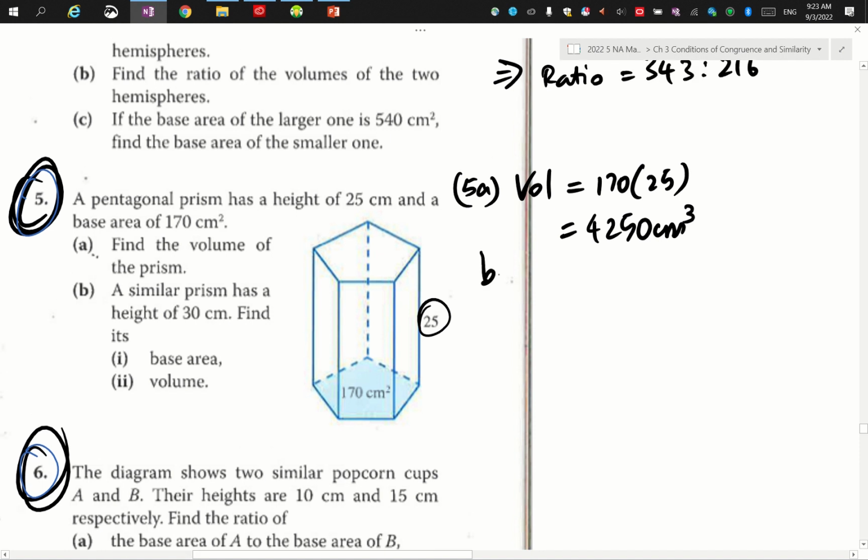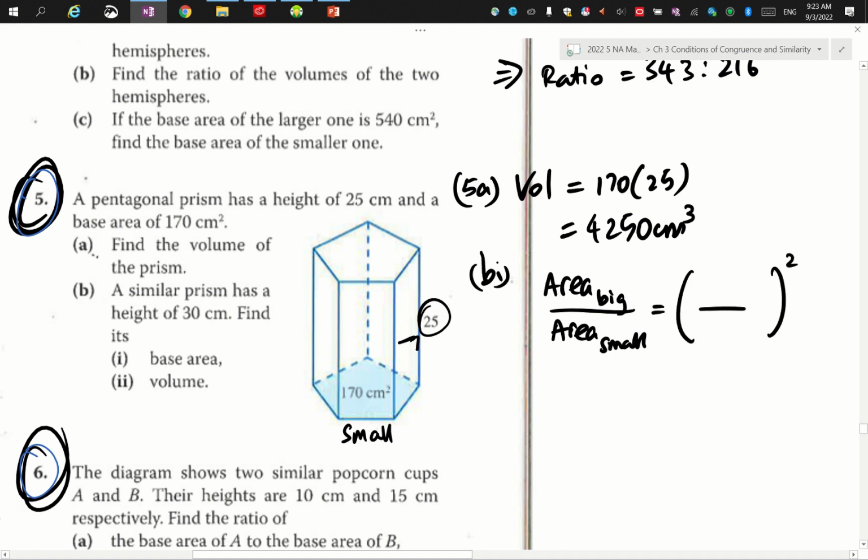Then B part 1. They tell you now, similar prism, height 30. So I need to compare this 30 with the 25. Since the similar prism has a height 30, it is bigger. This is the smaller one. Find the base area of the bigger prism. Okay, so area big over area small. Always compare the same thing.